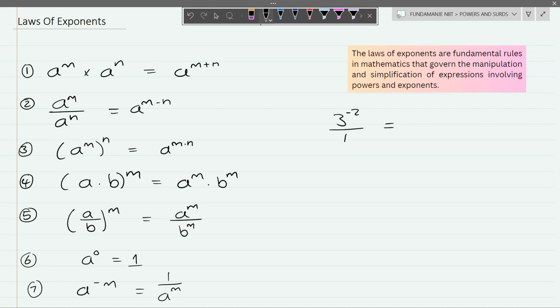Then, when we want to convert this such that it has a positive power, we take this term and move it to the denominator, such that we have 1 on top and 3 to the power of positive 2 in our denominator.